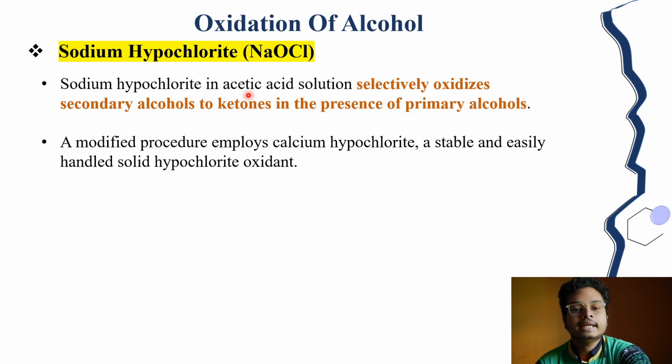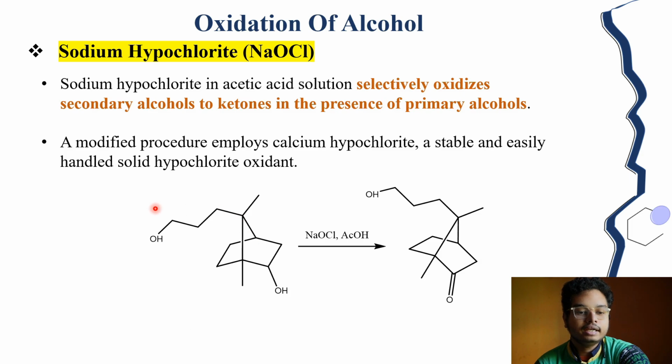Sodium hypochlorite in acetic acid solution selectively oxidizes secondary alcohol to ketone in the presence of primary alcohols. Here this is the primary alcohol and this is the secondary alcohol. So sodium hypochlorite selectively does secondary alcohol oxidation over primary alcohol oxidation. Here chemoselectivity is observed.